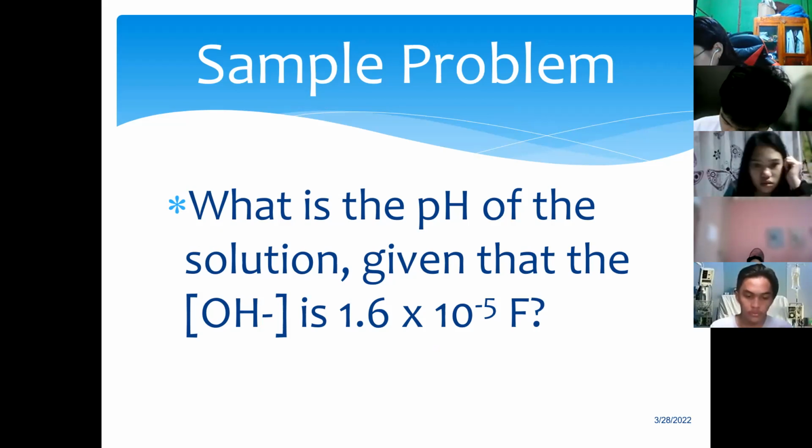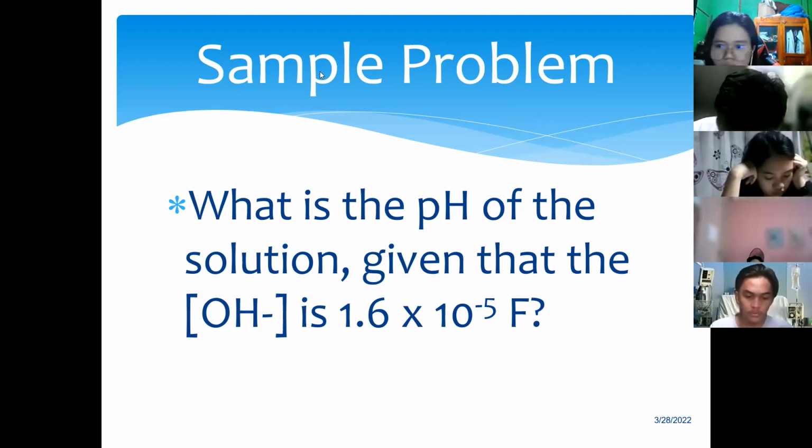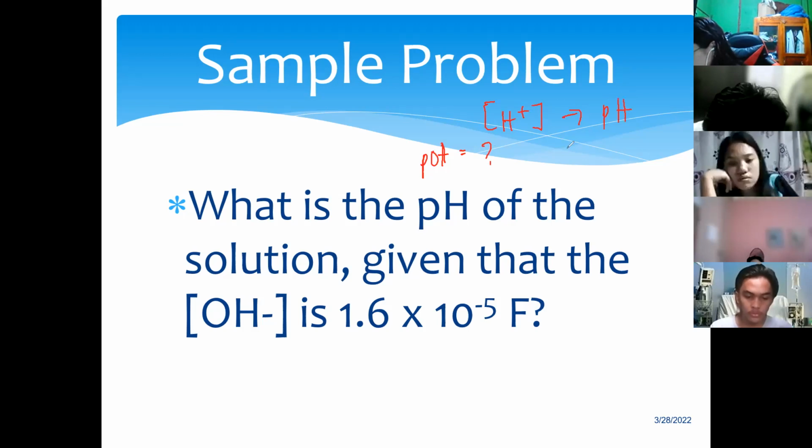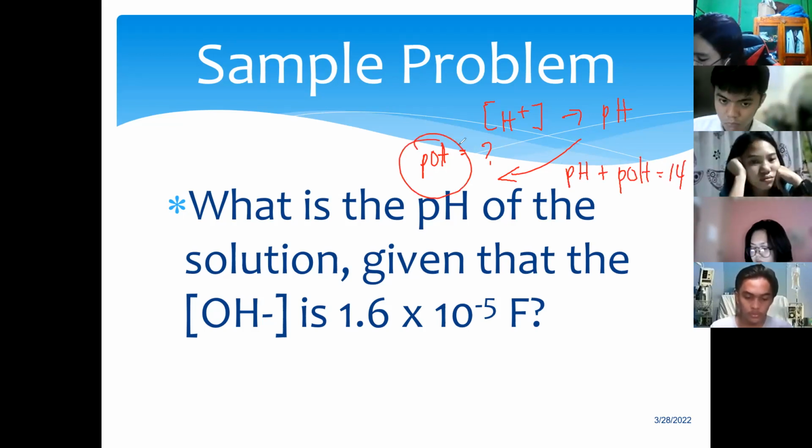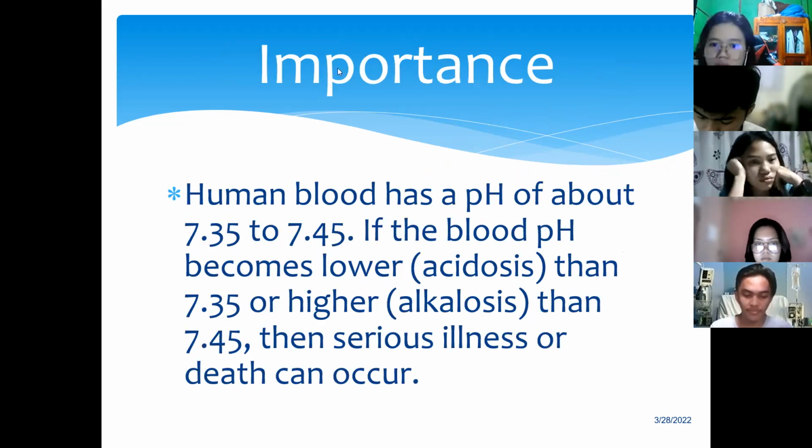If it is the other way around, like yung H plus ang given, and then the pOH is asked, ganun pa rin. Compute first for the pH, and using the formula pH plus pOH is equal to 14, you can compute for the pOH. Do not forget the 14, that is our constant. Okay? So, walay questions about that.